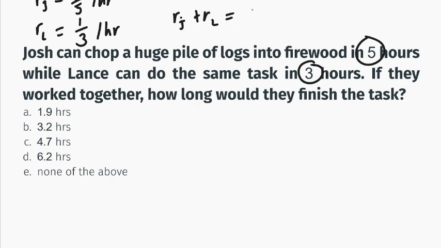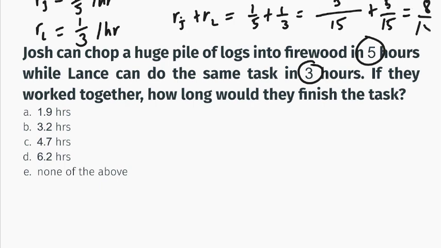And it means that 1/5 plus 1/3, which is equal to over 15, is 3 over 15 plus 5 over 15, which is equal to 8 over 15.